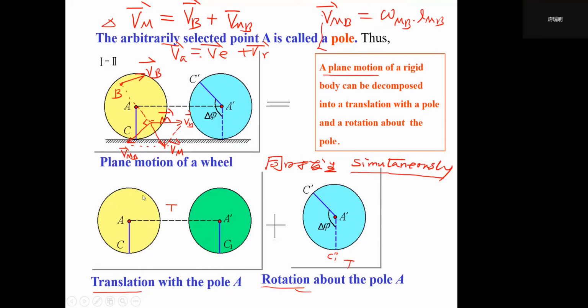So this component has the same velocity and same acceleration as pole A. The second is rotation about the pole A. For this component, we can think that pole A does not move anymore, and then this figure has a rotation about the pole A, right?